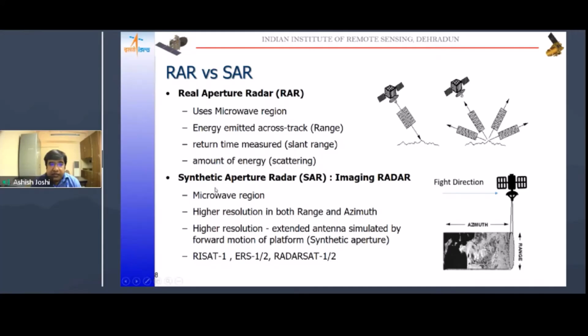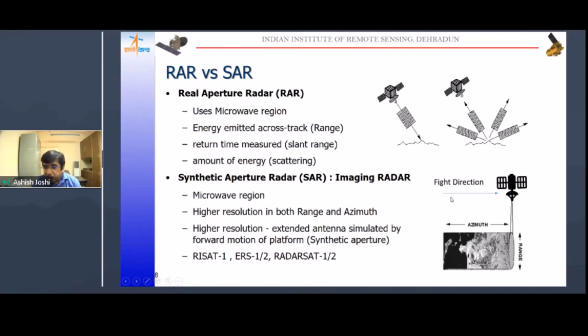Synthetic aperture radar uses the concept of the synthetic aperture. It uses the microwave region and produces high resolution in both range and azimuth. Higher resolution in the azimuth direction is achieved by an extended antenna simulated by the forward motion of the platform. So this SAR platform will move in this direction.